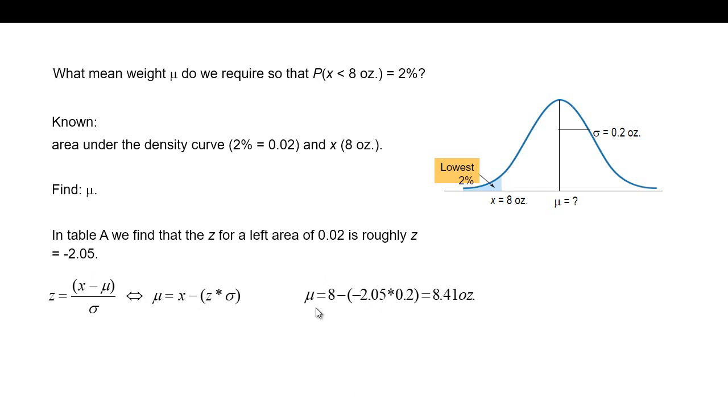So we find that mu is 8.41 ounces. That means that if we require the mean weight of the bars to be 8.41 ounces, then we will ensure that no more than 2% of the bars will weigh less than 8 ounces. So then 98% of the bars will weigh more than 8 ounces.